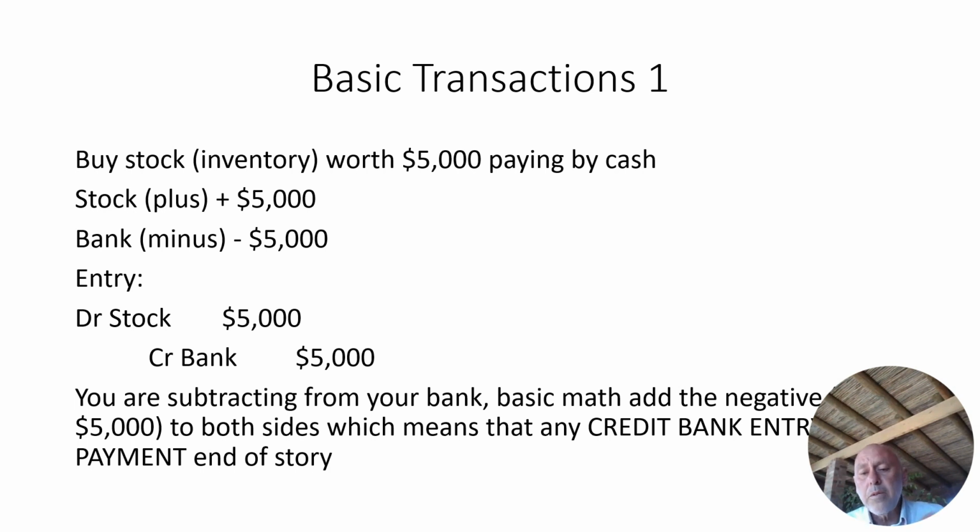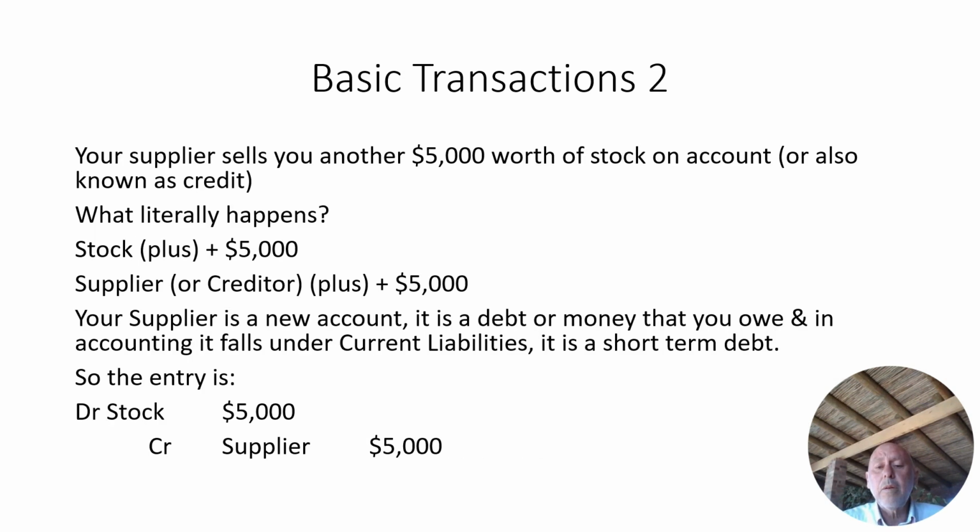So when your account is on the debit side, if you process on the debit side, you're adding to it. If you process on the credit side, you're subtracting. And that's how you process payments. End of story.